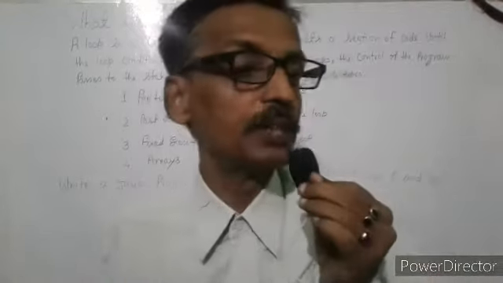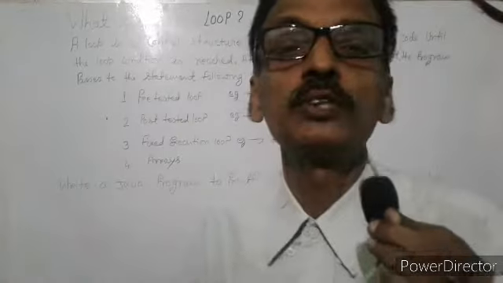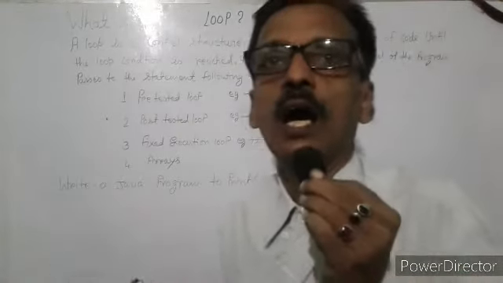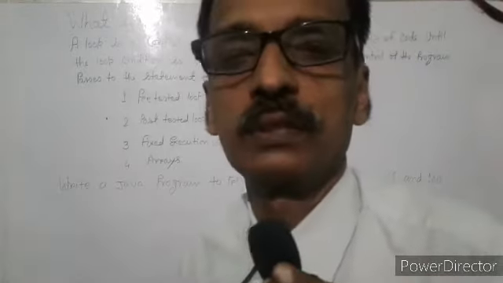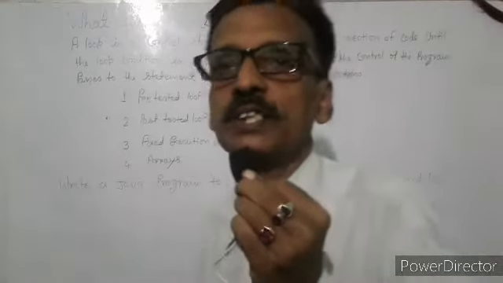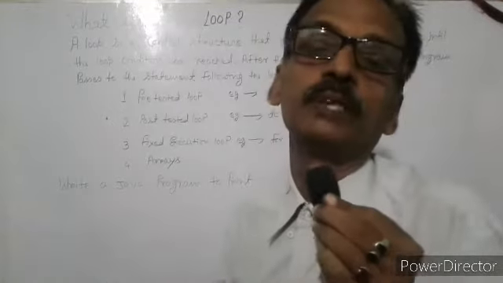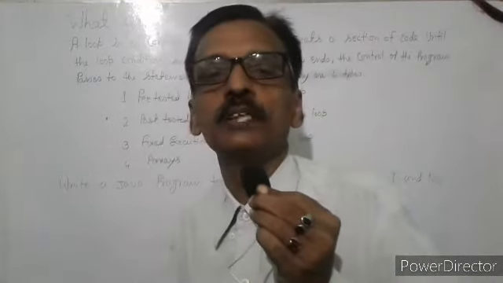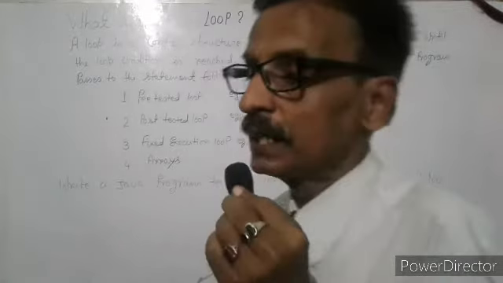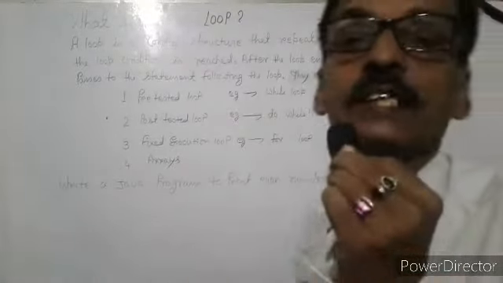Again January, February, March. So months will be repeated after 12, and days will be repeated after 7. So after 7 steps, days will be repeated, or after 12 steps, the year will be repeated. Similarly, it is just like a loop.